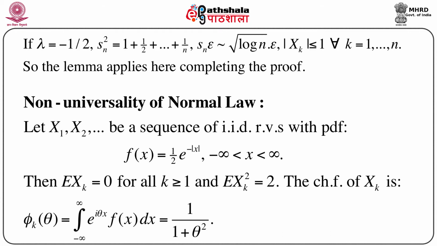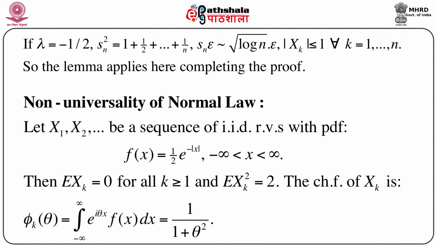Suppose X1, X2, etc. be a sequence of IID random variables. So, here we are considering a very simple thing. The random variables are all independent and identically distributed. But the PDF is f(x) equals half into e to the power minus mod x, when x lies between minus infinity and infinity, that is, the entire real line. Now, this distribution is known as the double exponential distribution or Laplace distribution.